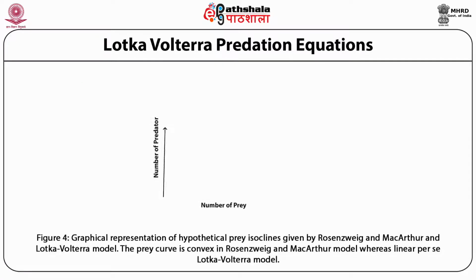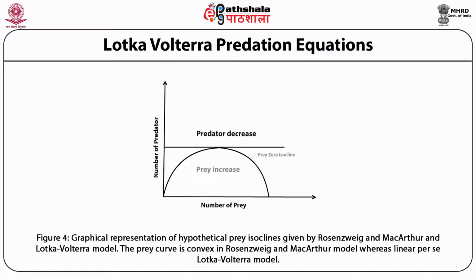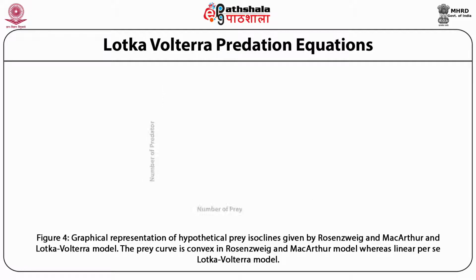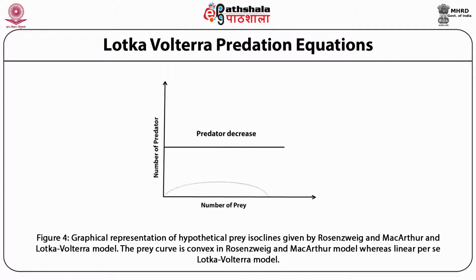This figure represents graphical representation of hypothetical prey isoclines given by Rosenzweig and MacArthur and the Lotka-Volterra model. The prey curve is convex in the Rosenzweig and MacArthur model, whereas linear in the Lotka-Volterra model.